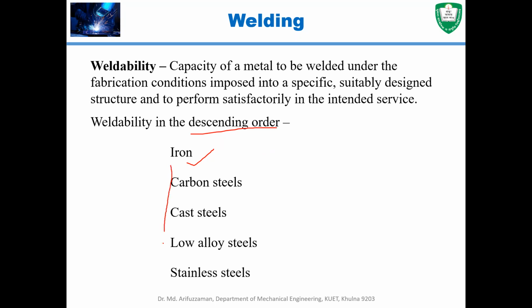But if you go downward to stainless steel, the welding is very difficult, and at the same time, it does not provide satisfactory service. Based on these two criteria, how difficult it is to weld, and the satisfactory performance in the intended service, the material can be categorized in terms of weldability. Iron has very high weldability and stainless steel has very low weldability.